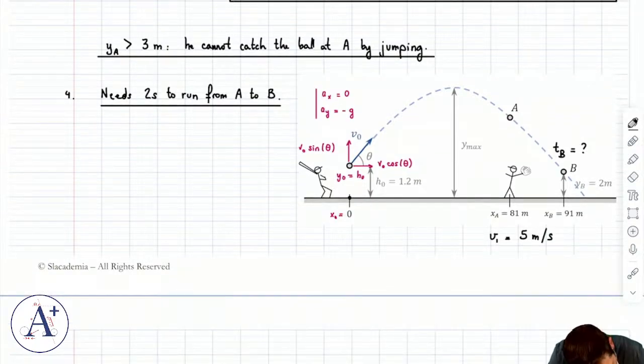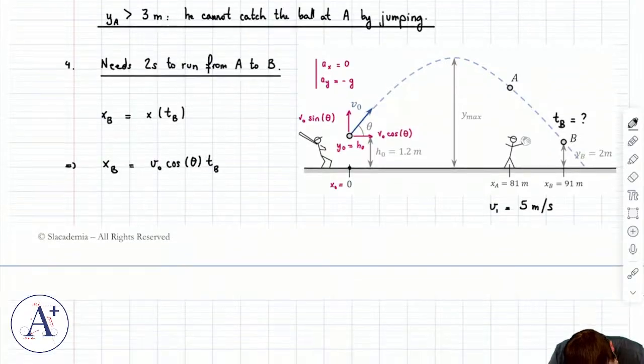So how do we find TB? Well, point B is kind of like point A. The only thing we know is x, right? So we can say that xb is equal to x of TB. So xb is equal to v0 cosine theta TB.